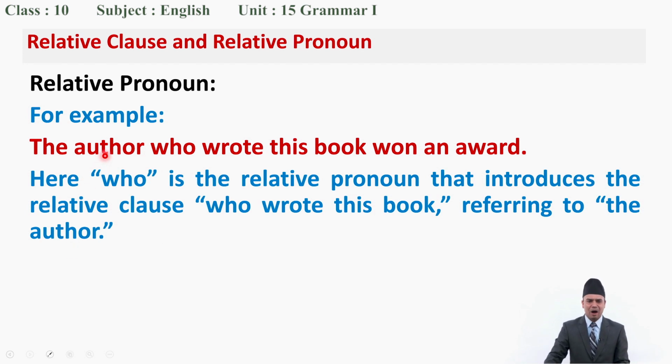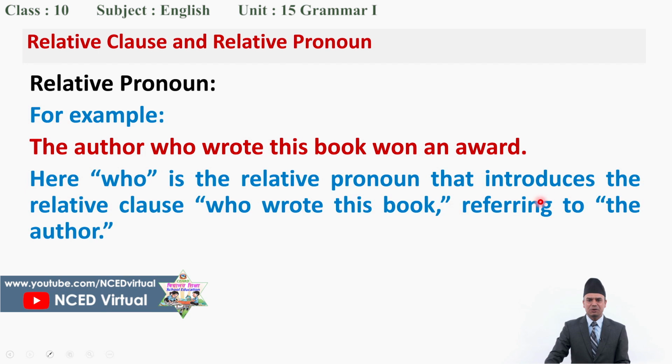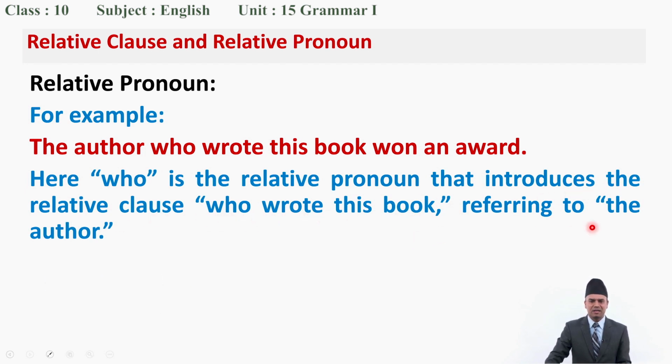Author means noun. That means the word which gives extra information to the noun is called a relative pronoun. Here, who is the relative pronoun that introduces the relative clause who wrote this book, referring to the author. That means who is now referring to the author. Author means noun. Okay, you have of course understood this concept.